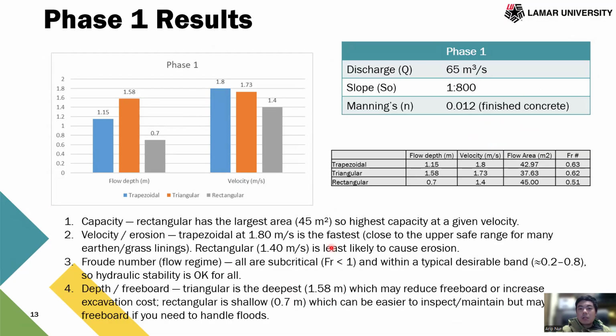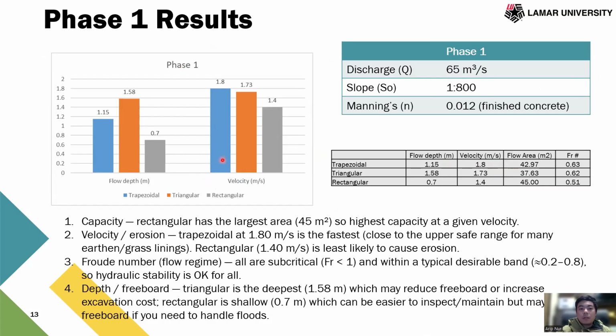Using the same discharge, same slope, same Manning's coefficient, but different shapes of the open channel. If we see the flow area, we can see that the rectangular shape has the largest area. Therefore, this shape has the highest capacity to collect water at a given velocity.